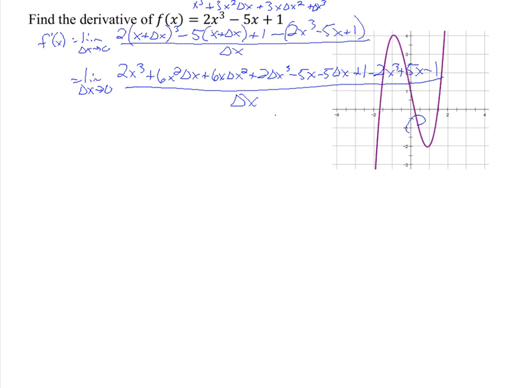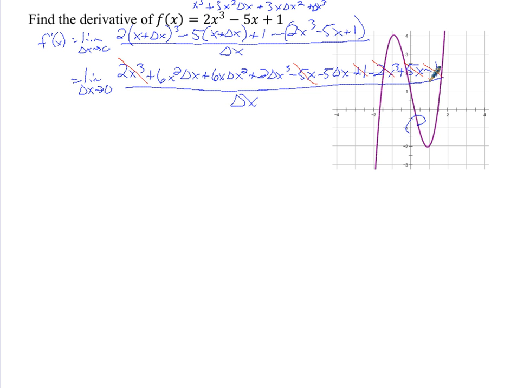Do we have anything that goes away? The ones do go away. The 2x to the thirds go away. And the 5x and 5x go away.